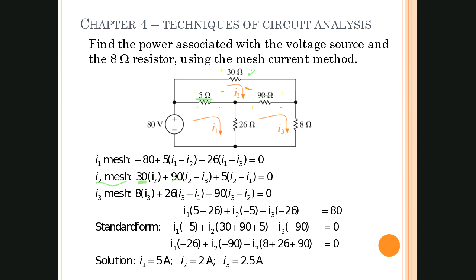But we also have the current I1 going in the opposite direction down here. And so we're going to have to subtract the current I1 going in the opposite direction across that 5 ohms. And we set that all equal to 0, and that gives us our second equation. Now we kind of already know from algebra that we have 3 different currents here, I1, I2, I3, and so we're going to need a third equation.